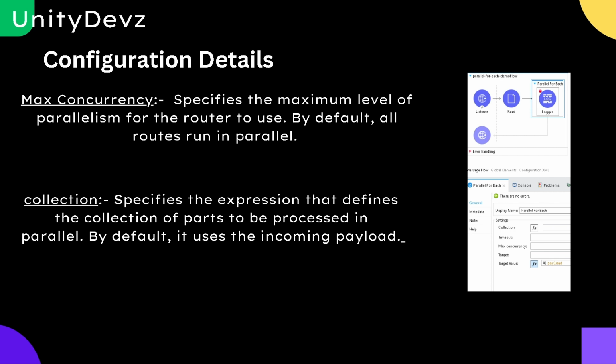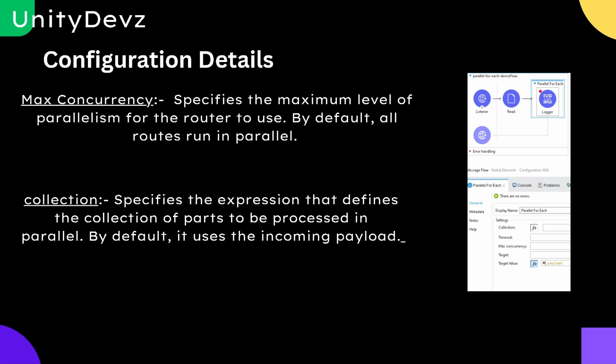If you specify 5 threads, it will execute 5 parts from that collection parallelly. If you specify 10 threads, it will process 10 parts parallelly. So this is max concurrency.